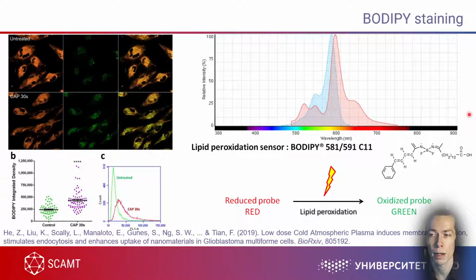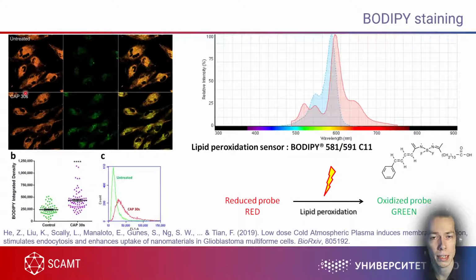And BODIPY with these particular wavelengths of excitation and emission, this particular type of BODIPY, can be used to stain peroxidized lipids. Very useful to understand whether you have some damage done to the lipids in the membrane of your cells. And how does this look? Well, it looks very easy.